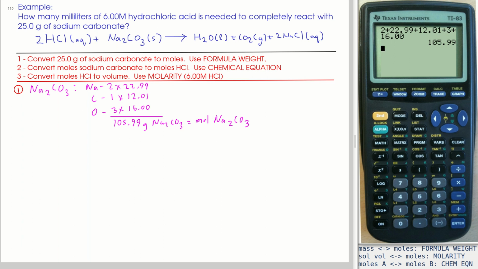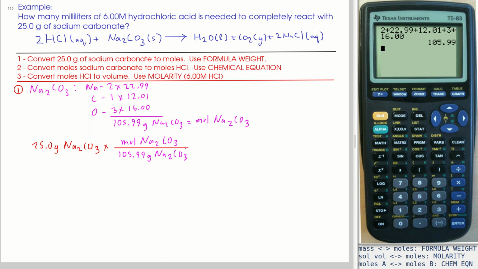I've gone ahead and put it in factor form because that's exactly what I'm going to do with it. I'm going to take 25 grams of sodium carbonate, the amount we were starting with, times, draw a division bar. Since I'm trying to get rid of grams, put the gram part of the factor on the bottom, 105.99 grams of sodium carbonate. On top, moles of sodium carbonate.